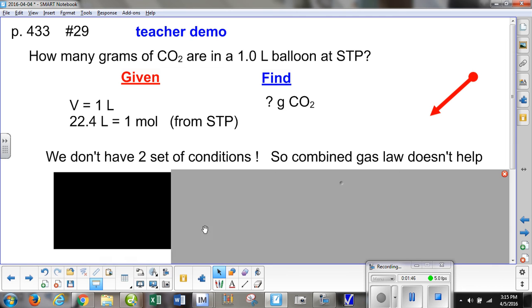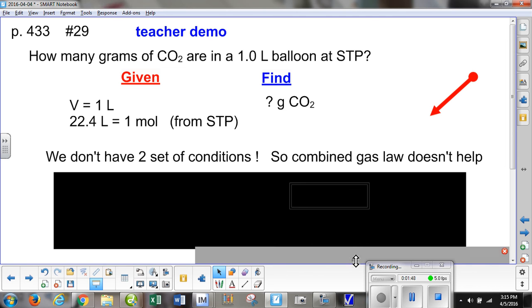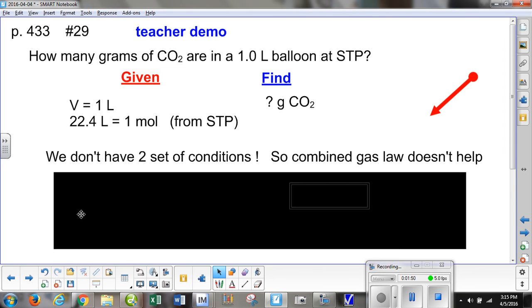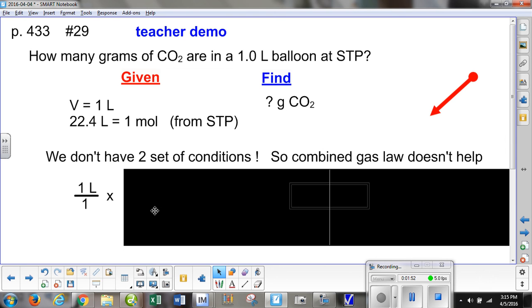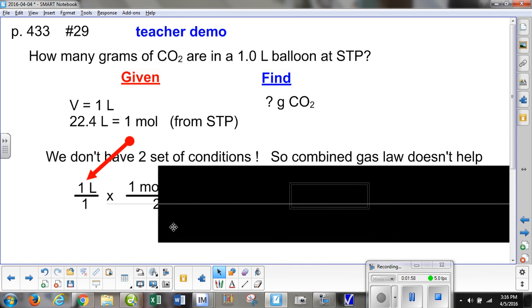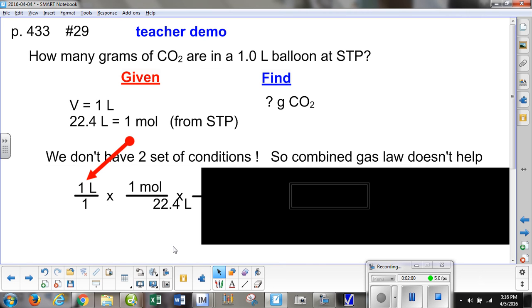So here's how we want to start this thing out. Let's get this little guy out of the way now. And we start with our given over 1. That's no big surprise, is it? And then next, we're going to use the actual molar mass of the gas, which in this case is carbon dioxide.